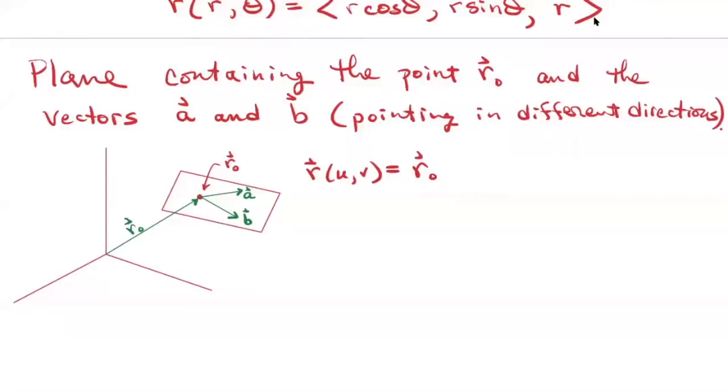We're just claiming that any point in the plane can be found by picking the right value for U times A plus the right value of V times B, and that would be the equation of that plane. And that's all you need to do. Okay, any questions?